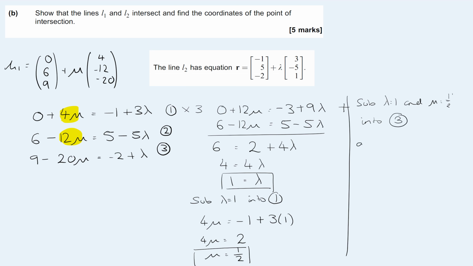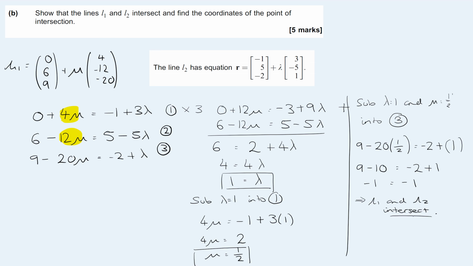So 9 minus 20 lots of a half should equal minus 2 plus 1. I'm just showing I've substituted the things I substitute and usually put in brackets. So I've got 9 minus 10 equals minus 2 plus 1. So minus 1 equals minus 1. That is true. So therefore L1 and L2 intersect.